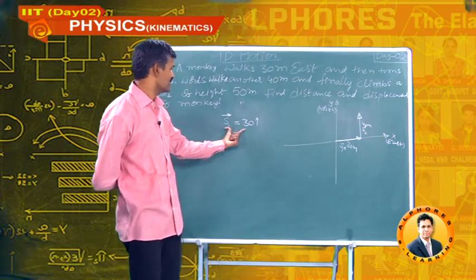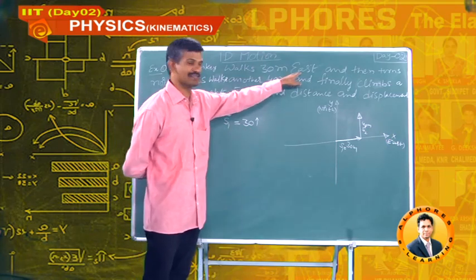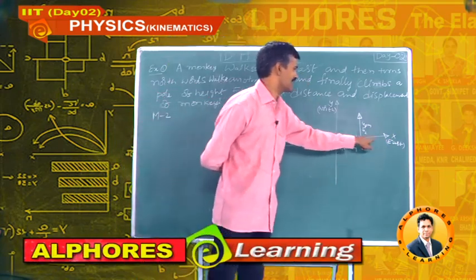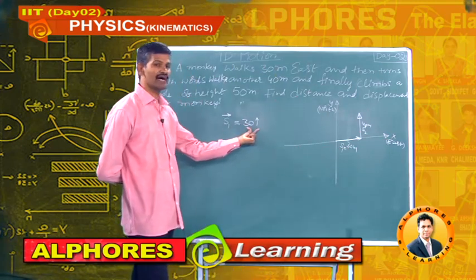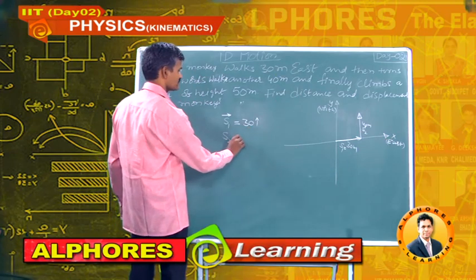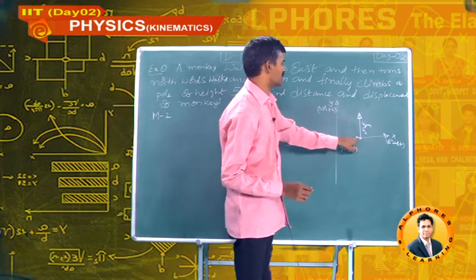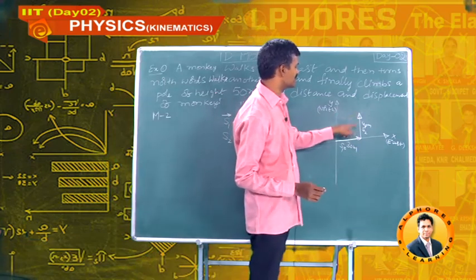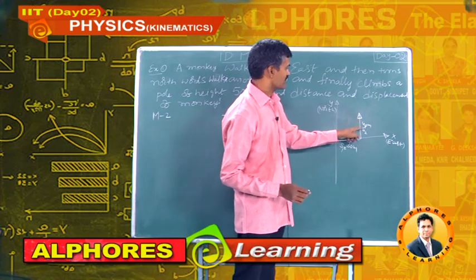Students, first learn how to write this east direction as x axis. Then S1 bar is 30 i cap. Similarly, S2 bar is 40, this is y direction displacement. Second case, monkey turns left and walks for 40 meters.